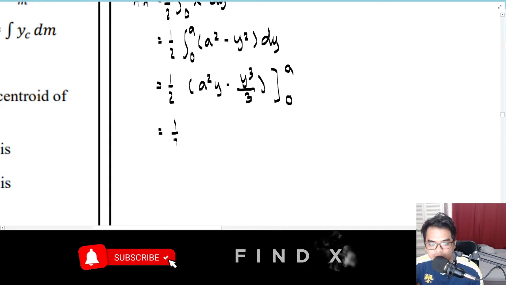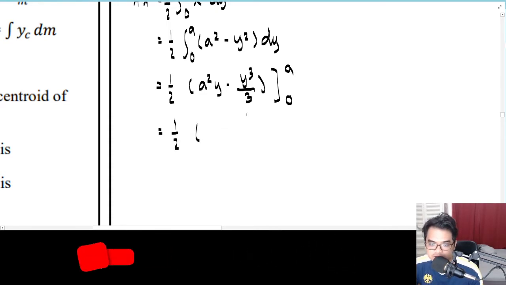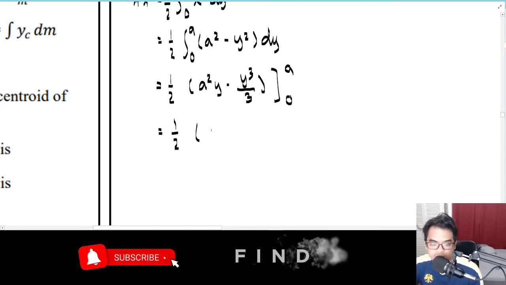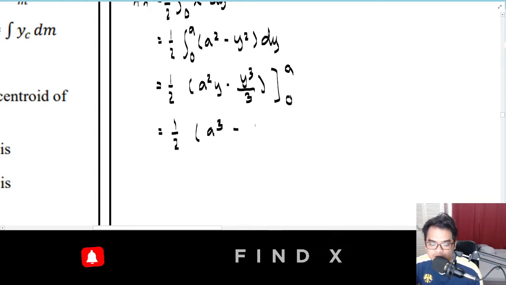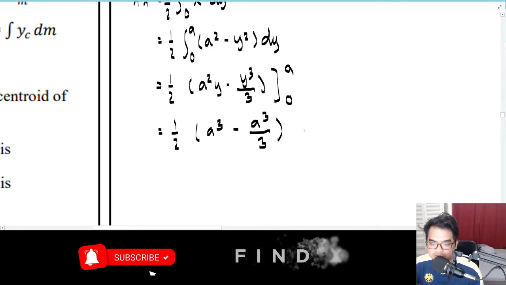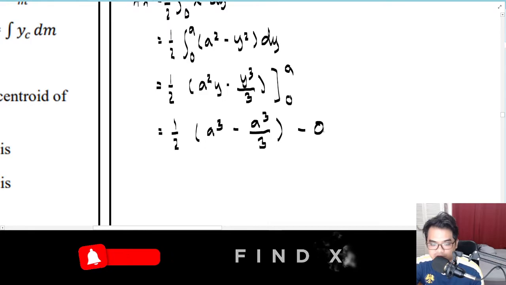Therefore, you'll have 1/2, and then substitute a. The 0 will just be 0, so I will no longer write that. You'll have here a cubed, because replacing y with a, and then this will be a cubed over 3, and you still have minus 0, but that is just minus 0.